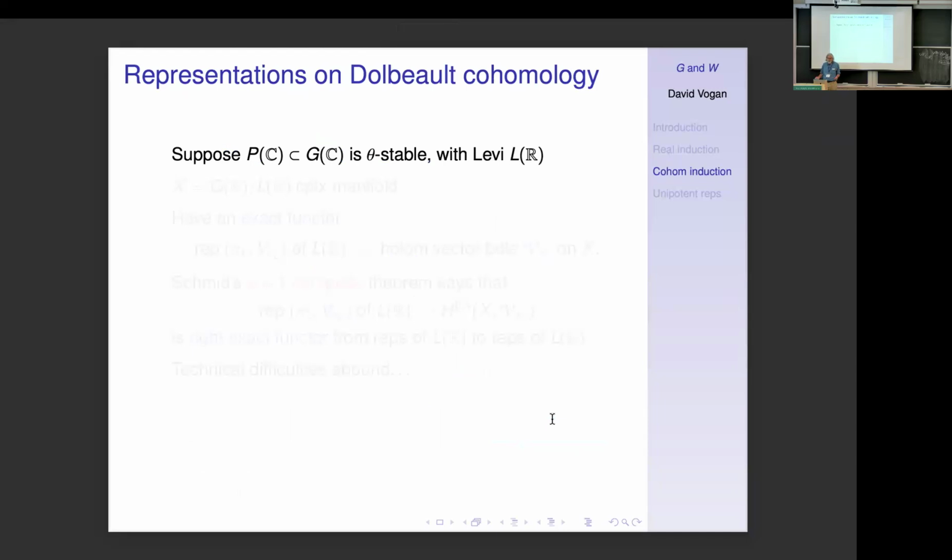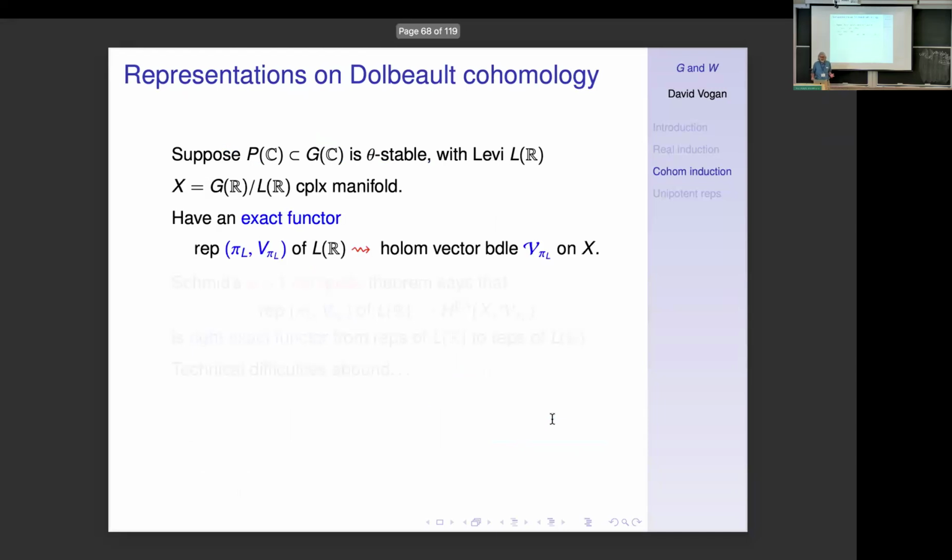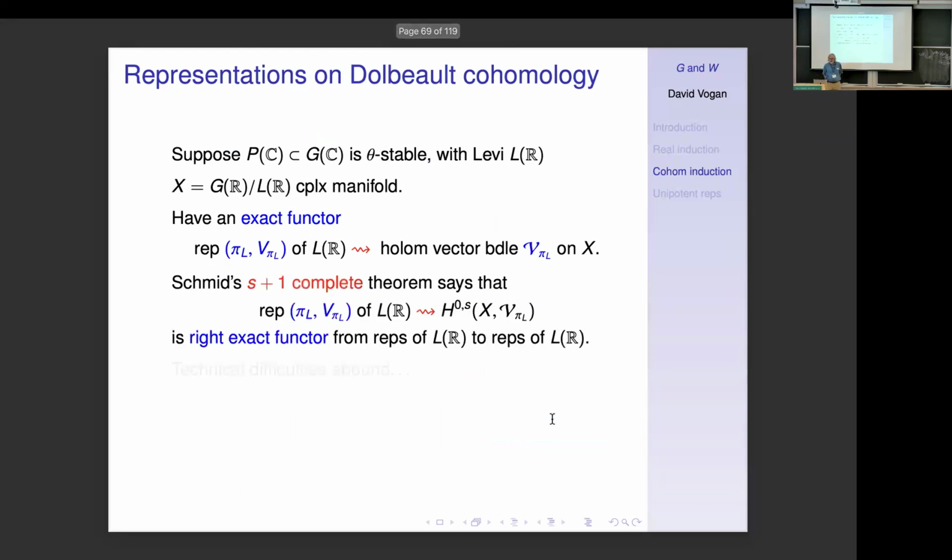Okay, so what does this suggest? So you've got this complex manifold G mod L, and there's an exact functor which goes from a representation of L to a holomorphic vector bundle on X. And then Schmid's theorem says that if you take this top degree Dolbeault cohomology, I have a typo.